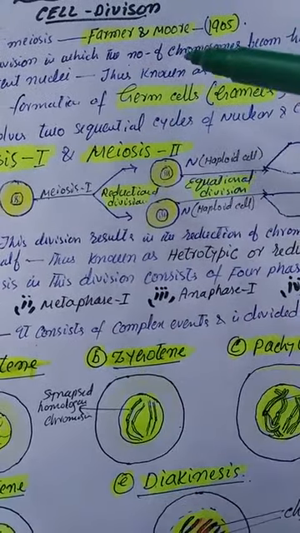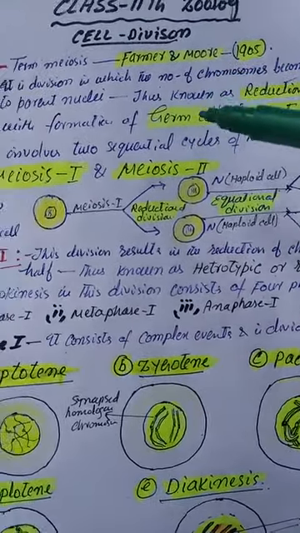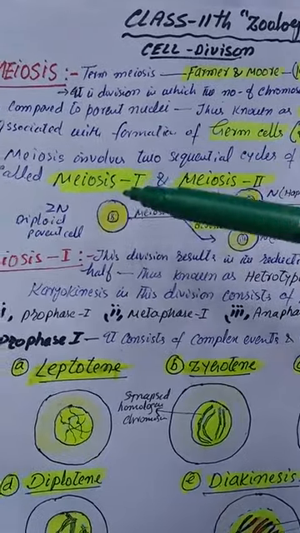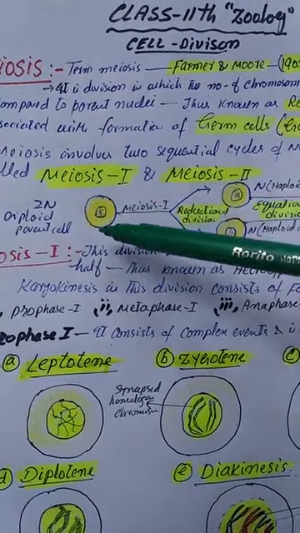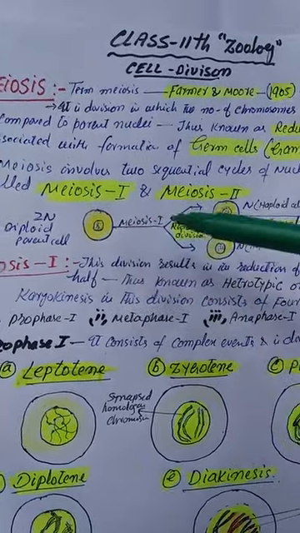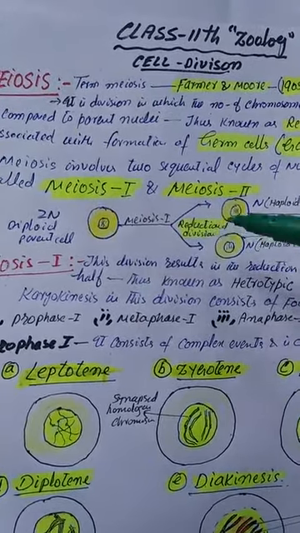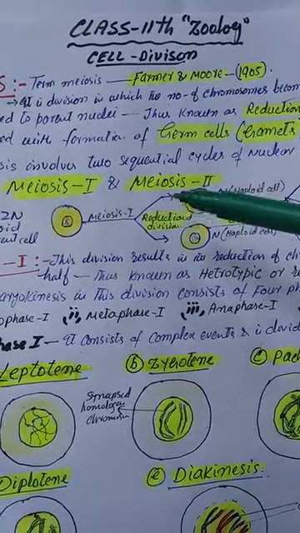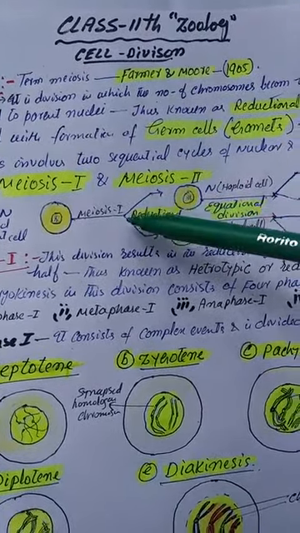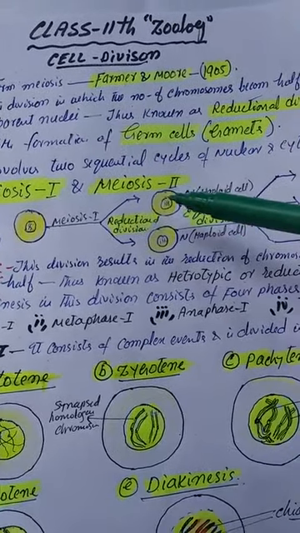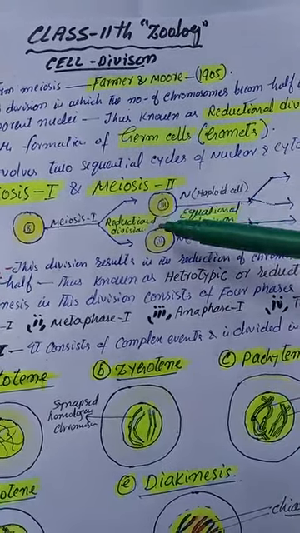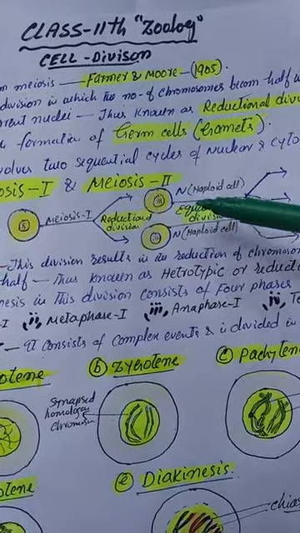During this meiotic type of cell division, the parent diploid cell, which has a diploid number of chromosomes, undergoes division at two stages. At the first stage, that is Meiosis-1, there occurs reductional division, which results in two cells with haploid number of chromosomes.